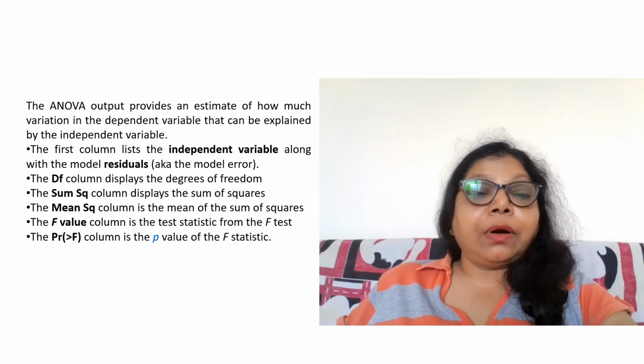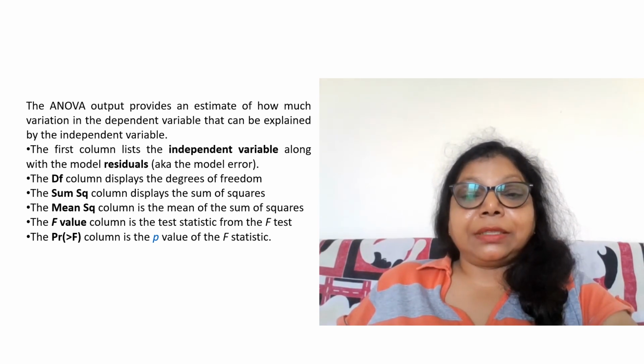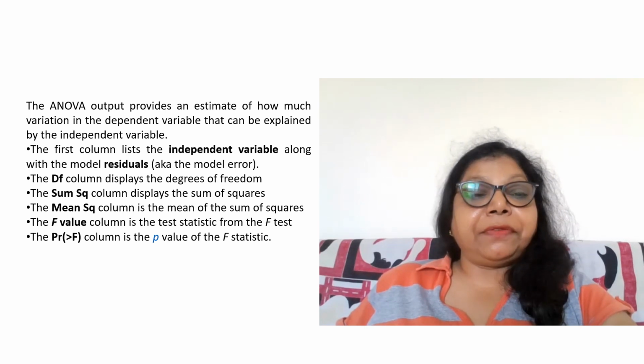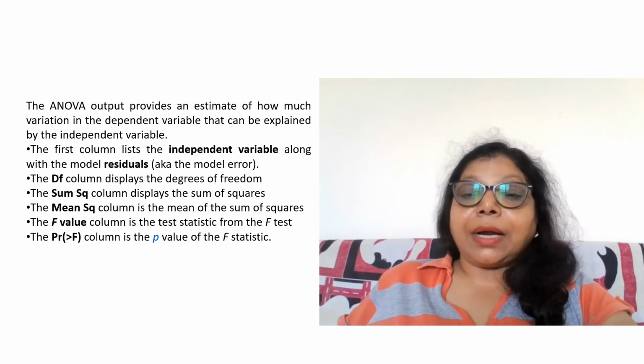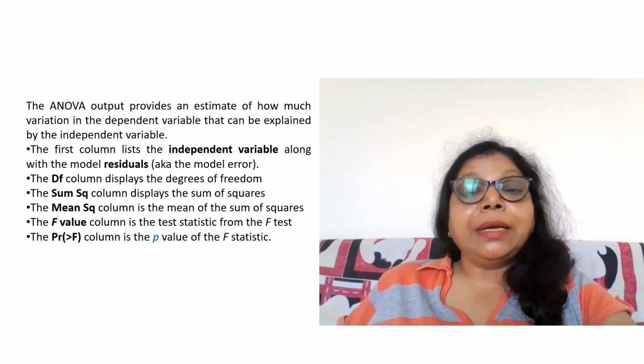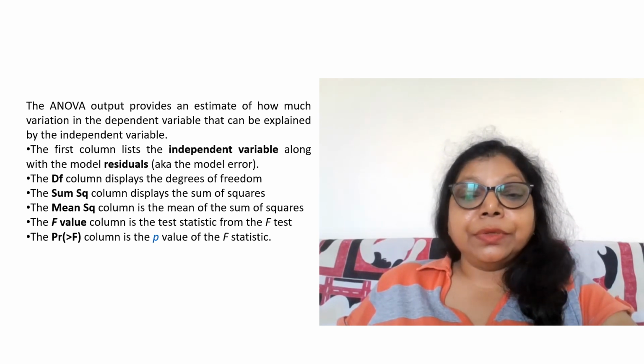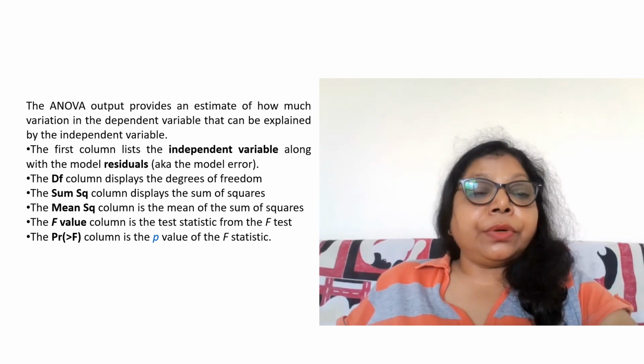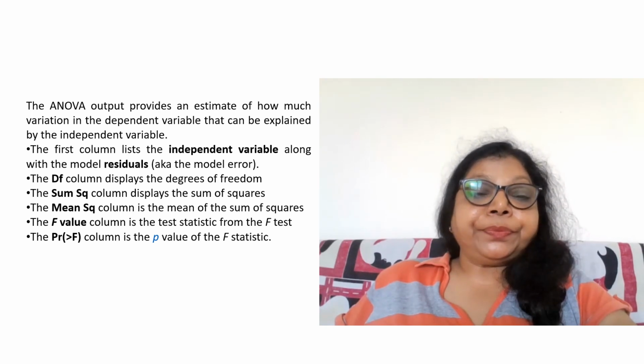The F value column is the test statistic from the F test: the mean square of each independent variable divided by the mean square of the residuals. The larger the F, the more likely it is that the variation associated with the independent variable is real and not due to chance. Then comes the p-value.